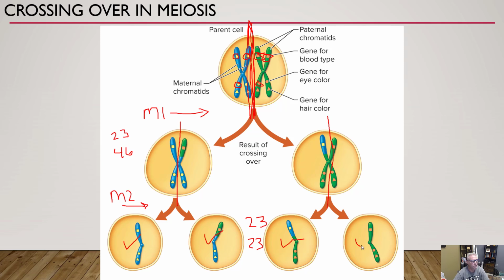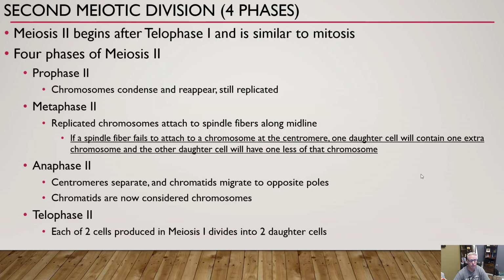So each cell would have 23 chromosomes and 23 chromatids. All right, so we'll talk a little bit about meiosis 2 now.